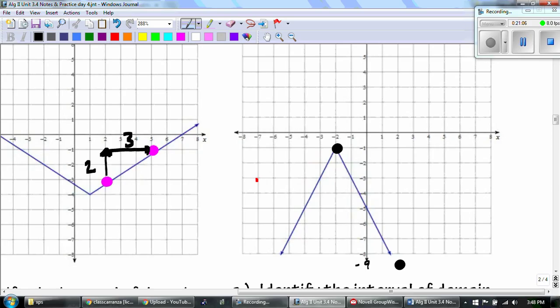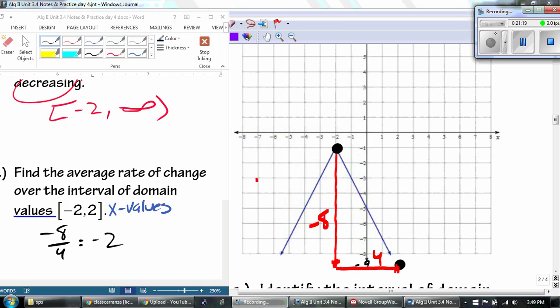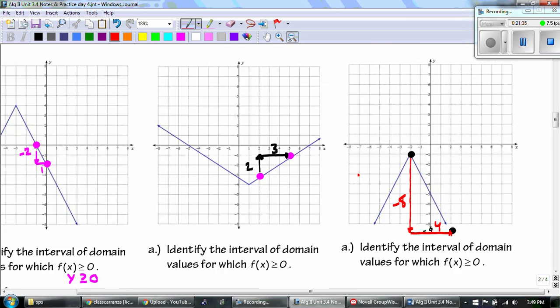Okay, so go ahead and pause that video, and good luck. Okay, and it should have been negative 8, or down 8 over 4, which reduces to negative 2.